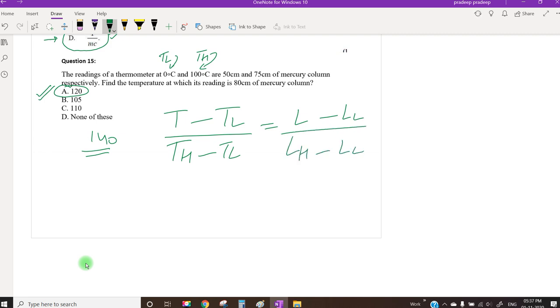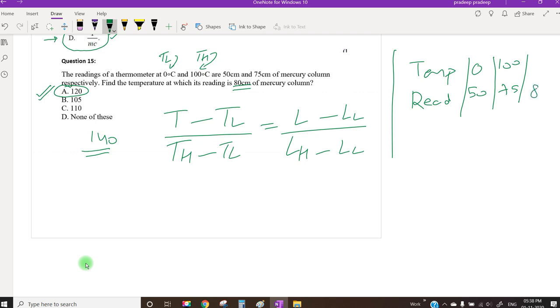Let me explain what each of these terms mean. T will be the temperature at which the reading is 80 centimeters. When the temperature was 0 degrees Celsius, the reading was 50 centimeters. At 100 degrees Celsius, it was 75. And we need to check at what temperature the reading is 80. So T is that temperature which we need to find.